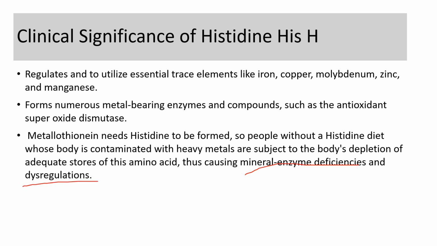Alright, so remember this mineral enzyme deficiencies and dysregulation, and also remember that manganese is very important. These are essential trace elements like iron, copper, molybdenum, zinc, and manganese, and metal bearing enzymes and compounds such as the antioxidant superoxide dismutase.